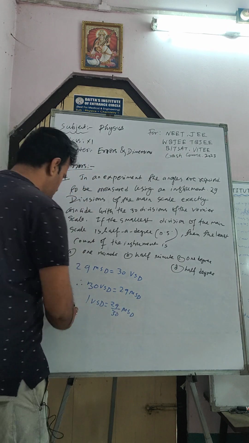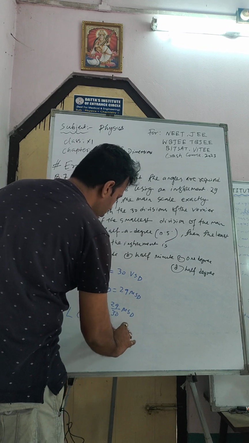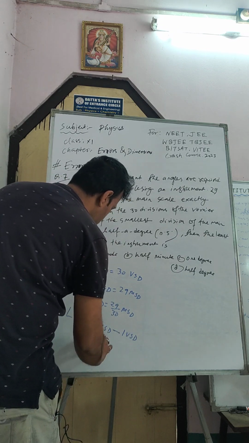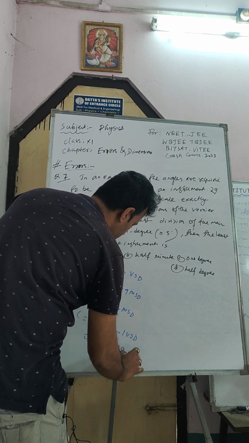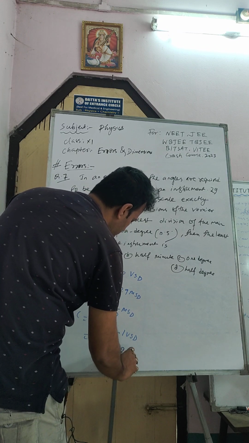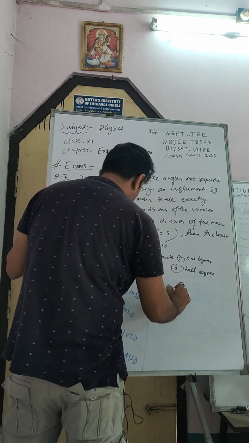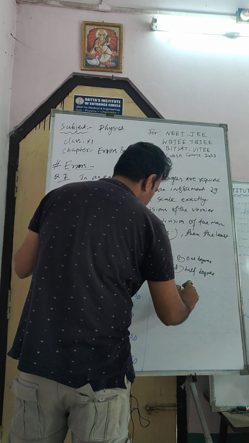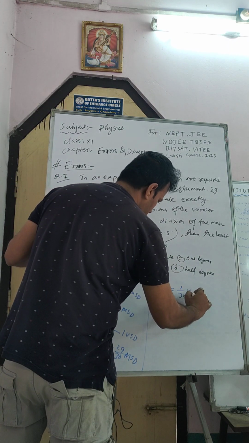Okay, now least count LC equals 1 MSD minus 1 VSD. Okay, so 1 MSD minus 29 by 30 MSD. Okay, right? Now therefore LC equals, if I do LCM here, you will get 1 by 30 MSD.